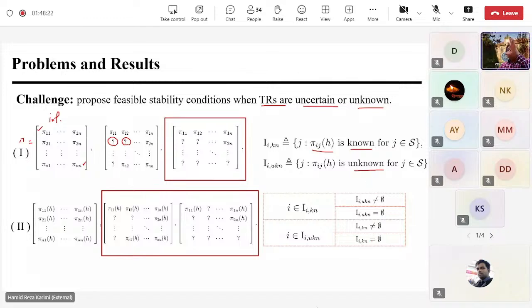In total, there is some classification for these subsystems. Maybe some sets are empty or not empty. We have such a classification for the known and the unknown, and therefore we can make such a representation.